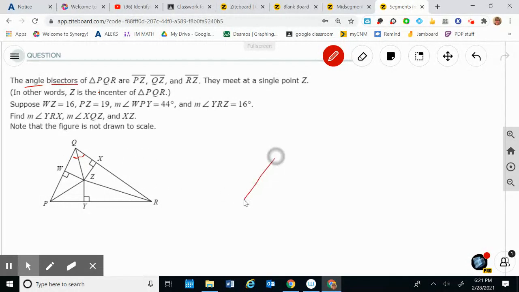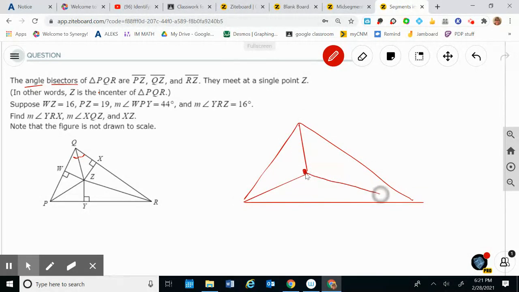If I were you, I would copy it and write it on my paper like this, and I would try to angle bisect that a little bit, and a little bit. It's hard, and it's okay. It doesn't mean you have to be perfect. It's just the idea, so that you can write on it.